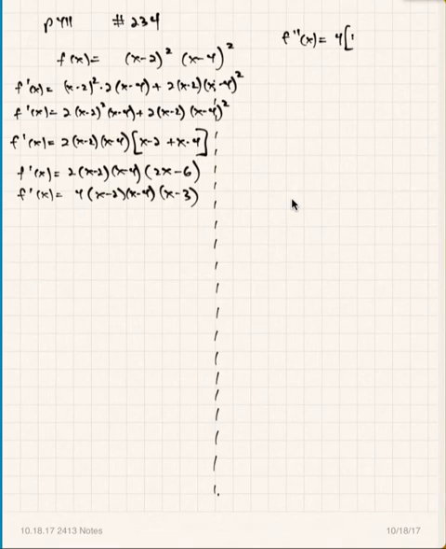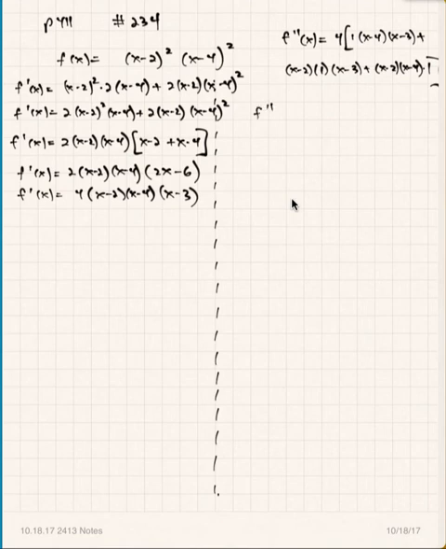So this is 1 times (x minus 4) times (x minus 3) plus (x minus 2) times 1 times (x minus 3) plus (x minus 2) times (x minus 4) times 1. Right? Each term I just took a derivative of a different factor. The derivative of each of those factors is 1, so that works out okay.